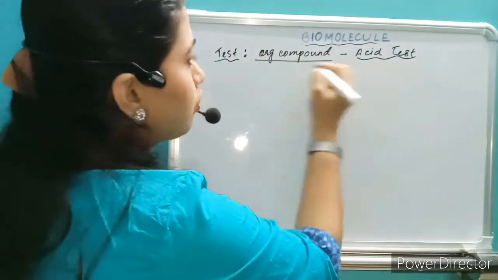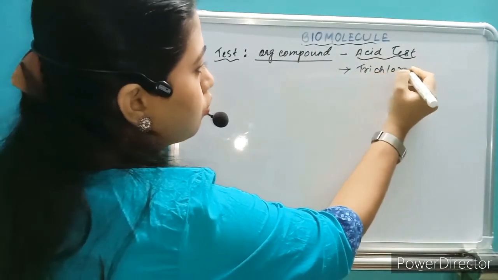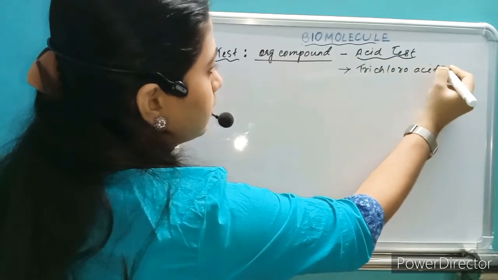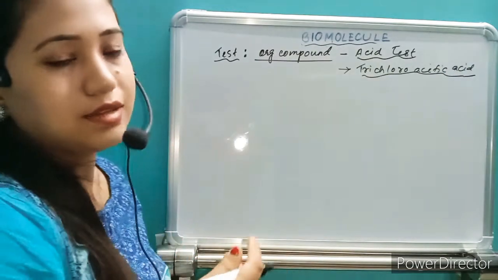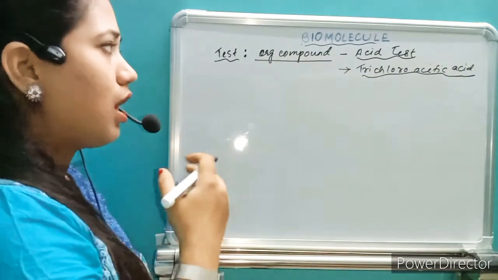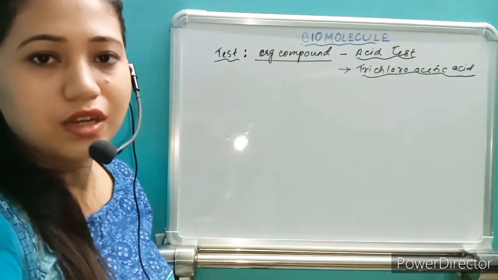The acid we are going to use here is trichloroacetic acid, and we are going to find the different types of biomolecules found in the living tissue.